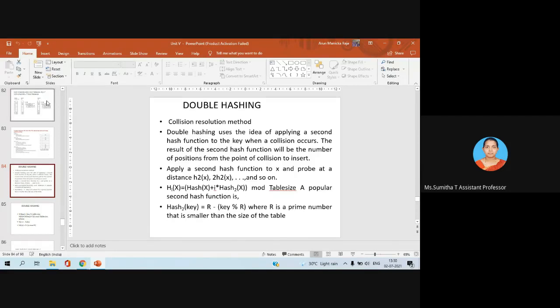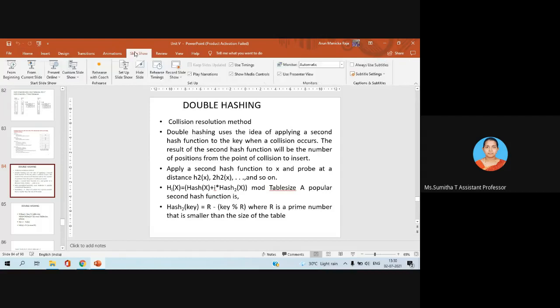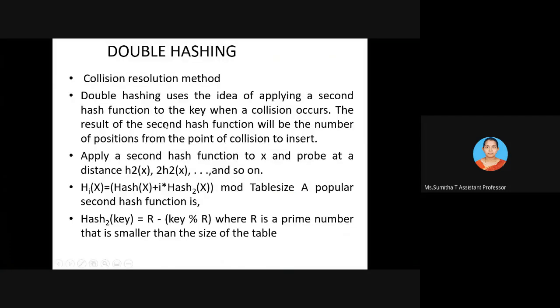It is one of the collision resolution methods, or collision resolution techniques. Double hashing uses the idea of applying a second hash function to the key when a collision occurs. The first step is the same as in linear and quadratic; only the second step differs.